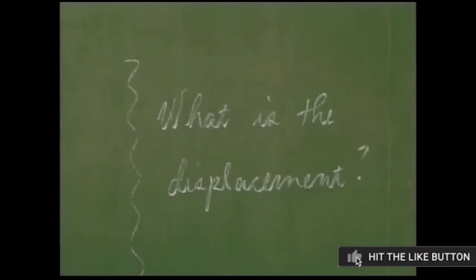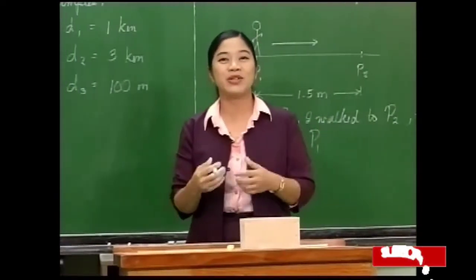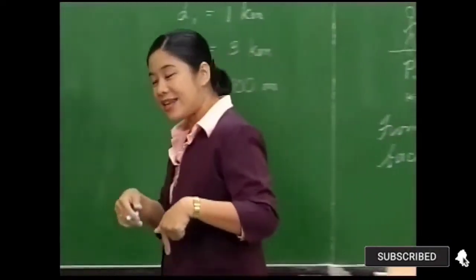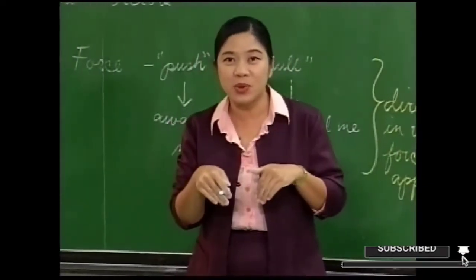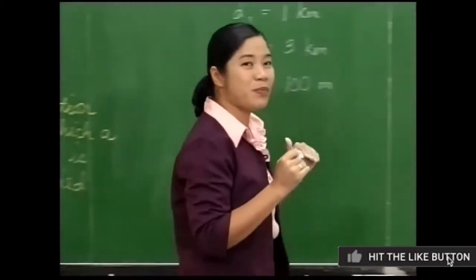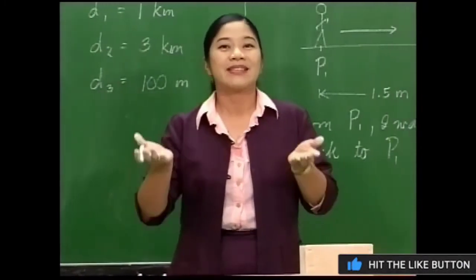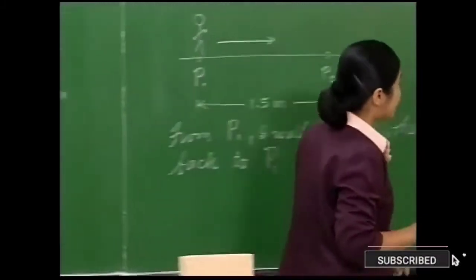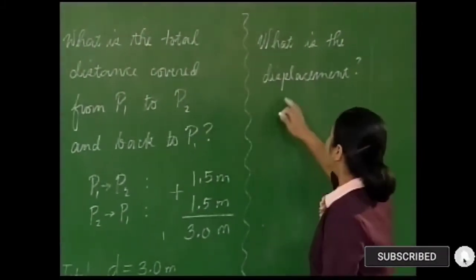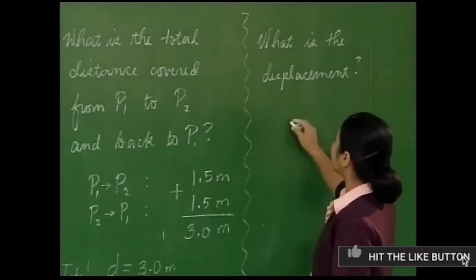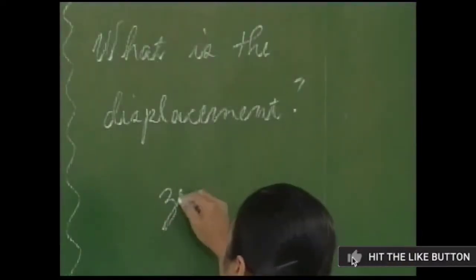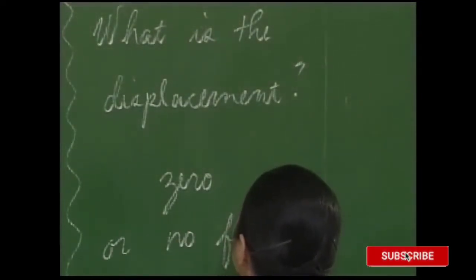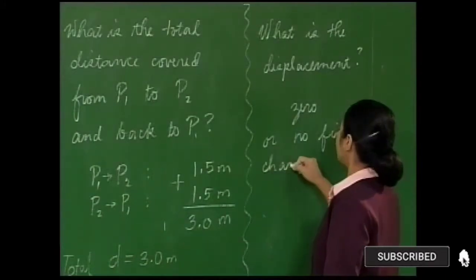Or if I were to ask, did I change my position, then you would tell me, but ma'am, you left point 1 and moved to point 2, but you went back to point 1, and therefore, the change in position is 0. So the displacement, because I went back to the original position, would be 0, or no final change in position.